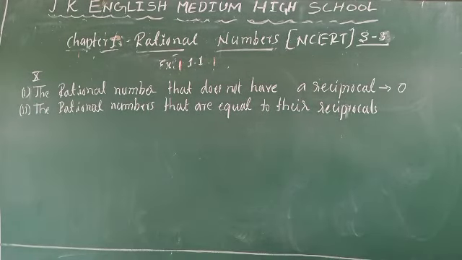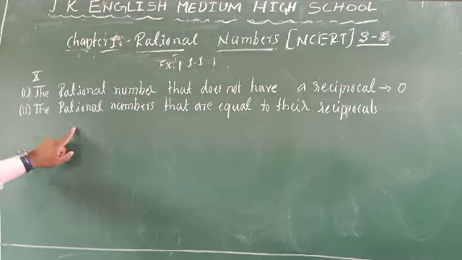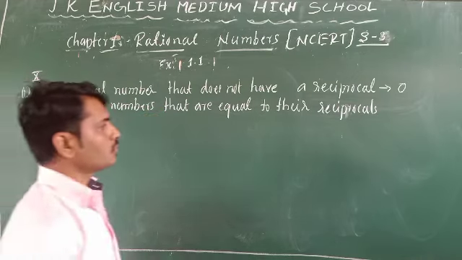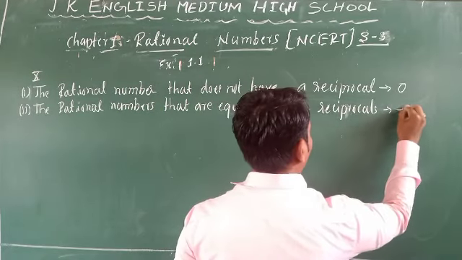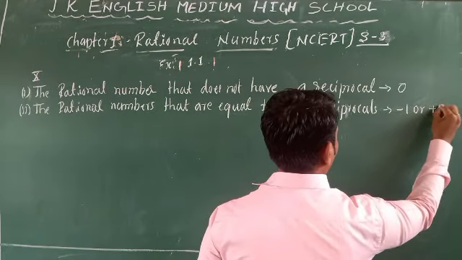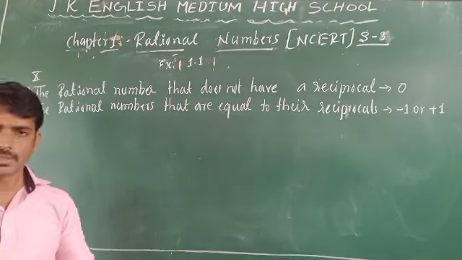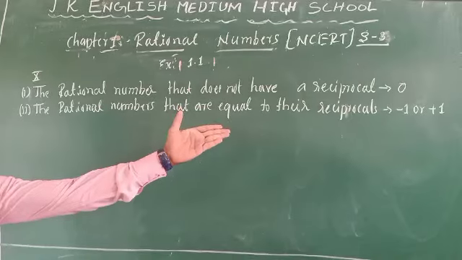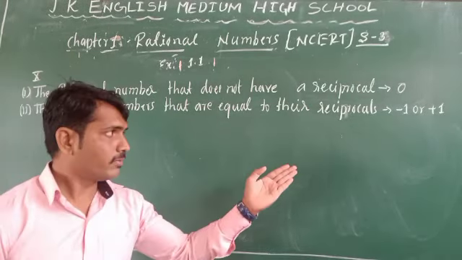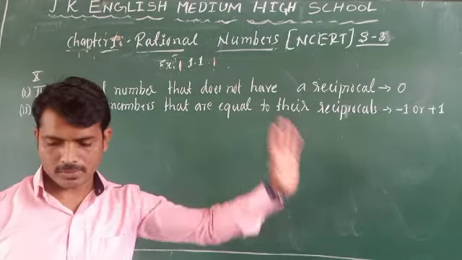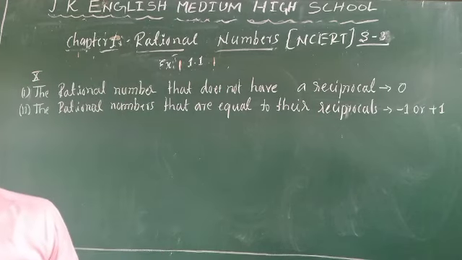Question number 2 is what? The rational numbers that are equal to their reciprocals, what? -1 or +1. If we cancel them, the term which is in minus, we get the answer -1. The term which is a plus, we'll get +1. So next question.